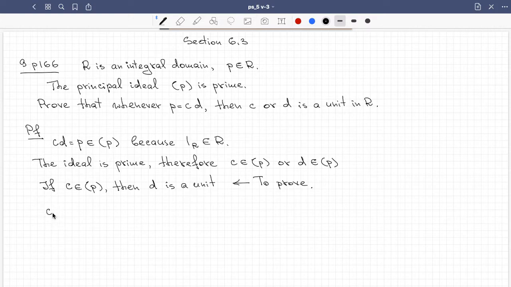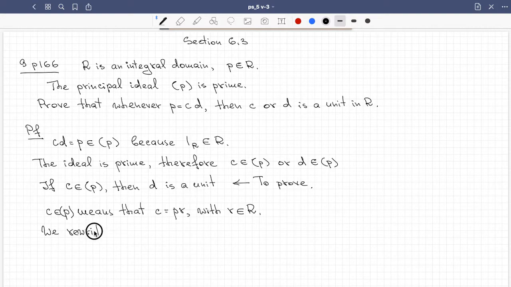So C belongs to the principal ideal means that C is a multiple of P, PR, with some element R in the ring R. We thus have P is equal to CD, and we can rewrite P equals CD as P equals PRD.